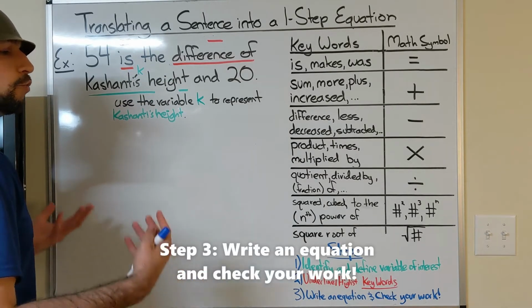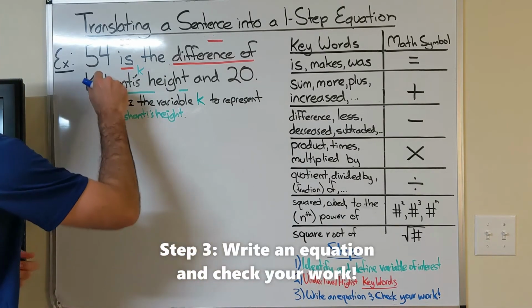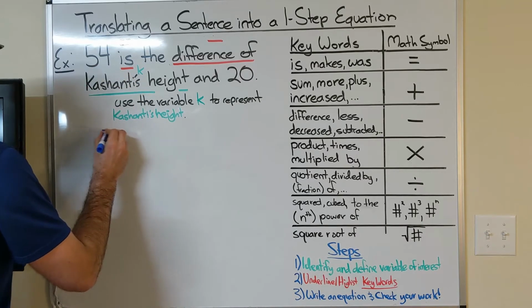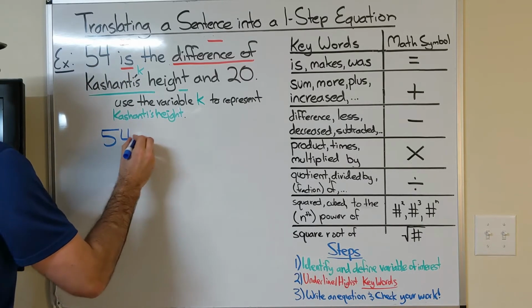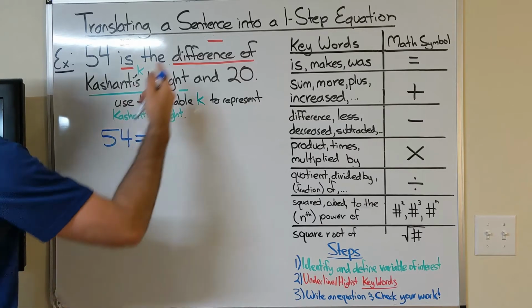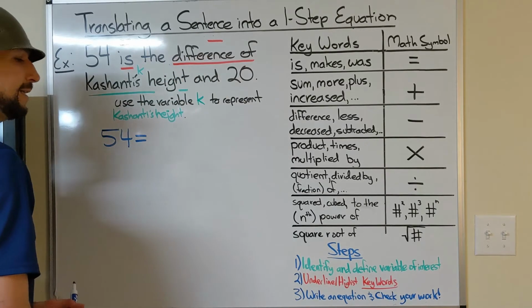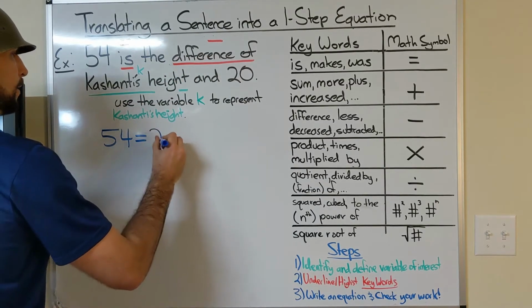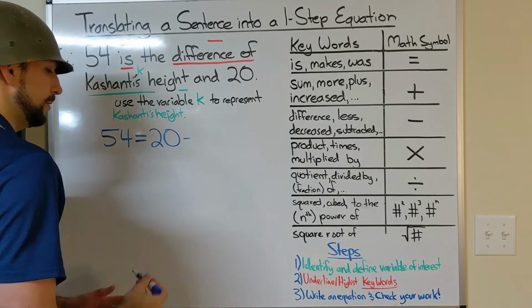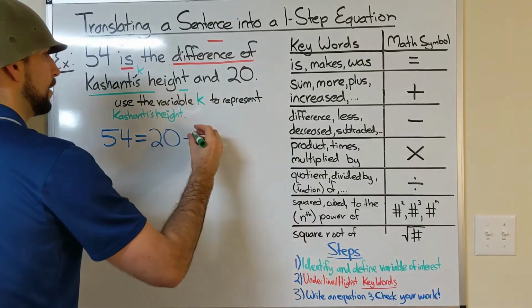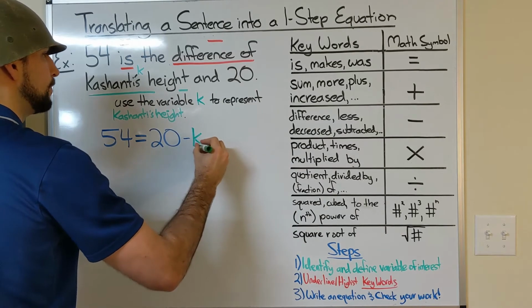Our last step is to write an equation. Let's write an equation. 54 equals the difference of Kashanti's height and 20. 20 minus k. Difference of is subtraction.